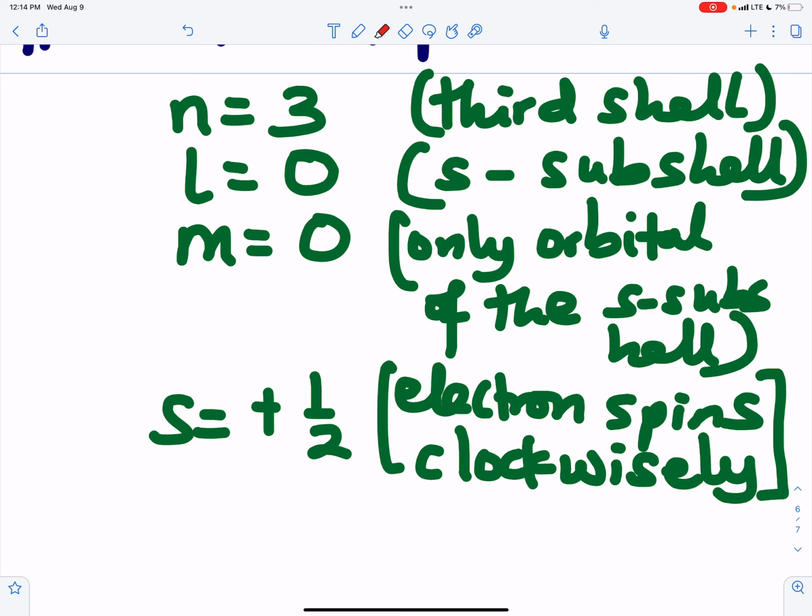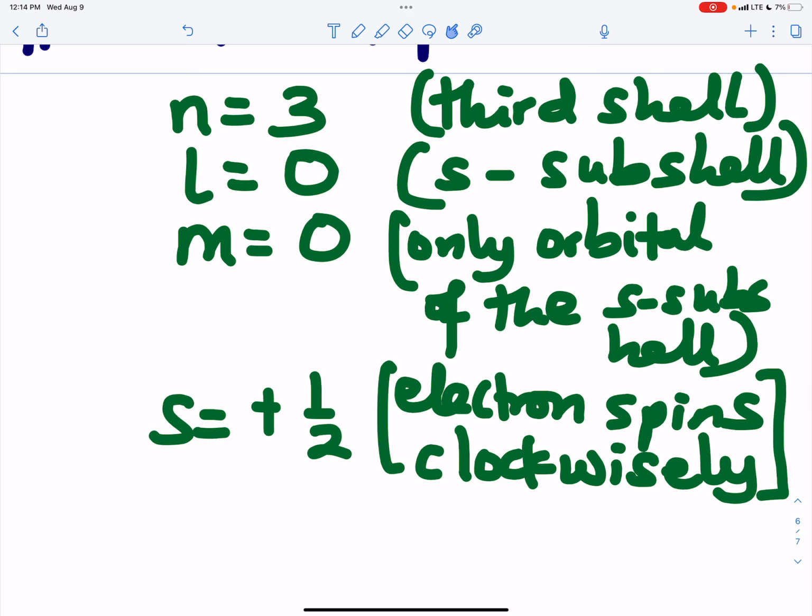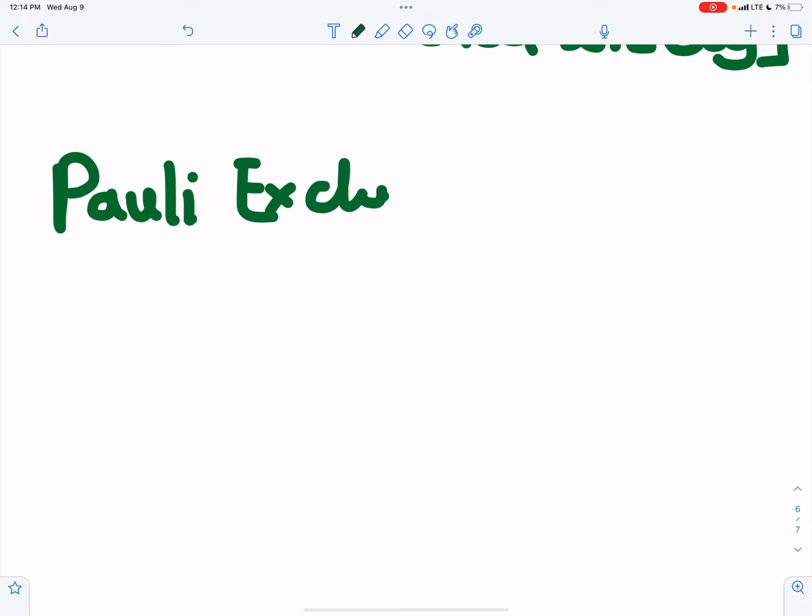This brings us back to one of the rules for arranging electrons into atoms that we learned. That rule was the third rule. We didn't discuss it; I said we were going to discuss it later. It was the Pauli exclusion principle.